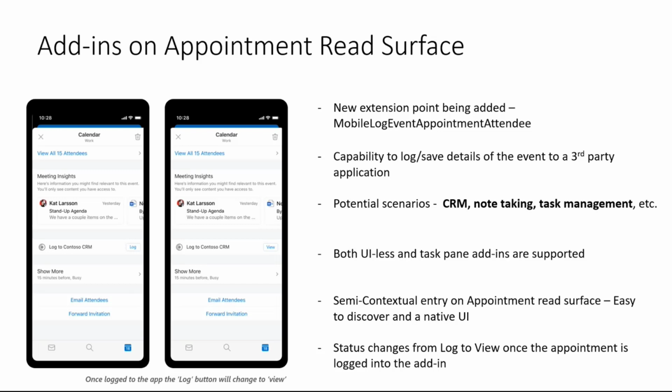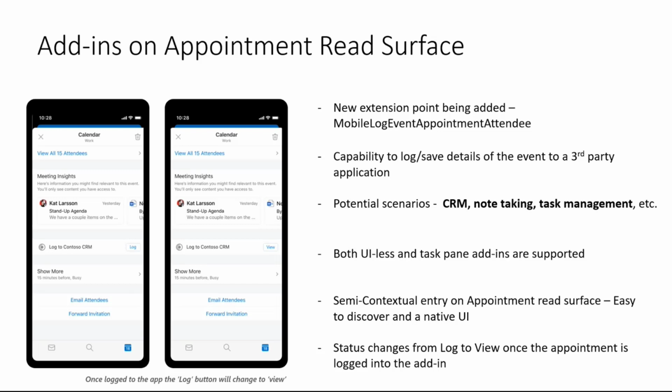So either it could be just a one-tap experience, where the user just taps on log and the event details are saved into the add-in. Or it could be a task pane as well. So when the user clicks on log, you open a task pane and the user can select which specific place they want to add the details of this event to.